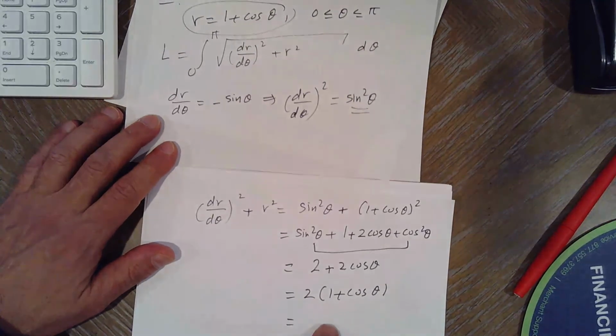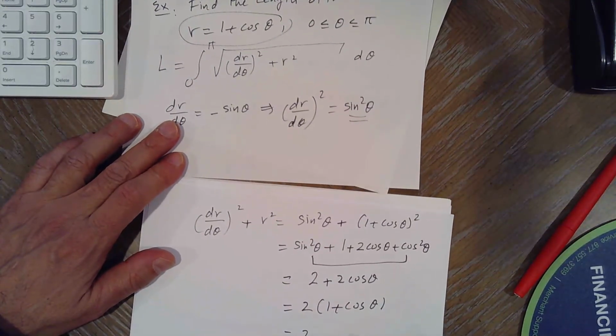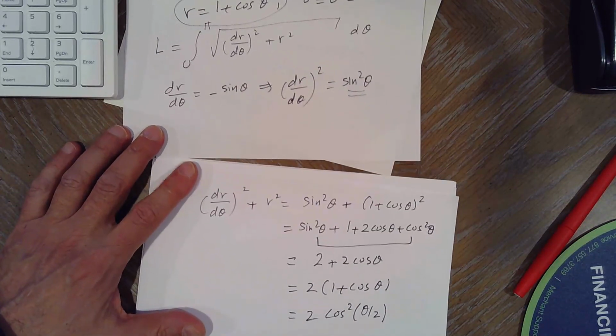And we want to have a perfect square. We can, because 1 plus cosine theta is 2 cosine squared of theta over 2.